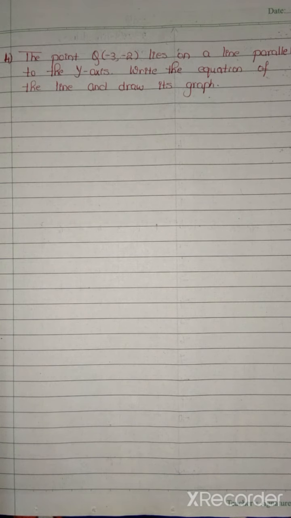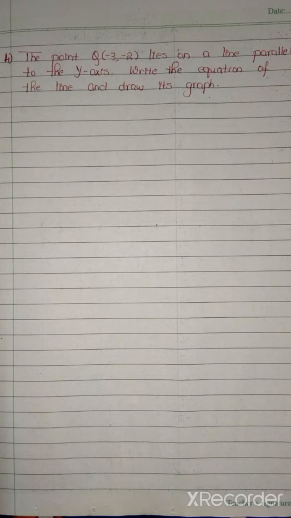So यहाँ पे एक point है Q, that is minus 3 comma minus 2, which lies on the line parallel to the y-axis. वो y-axis जो है उसके लिए जो parallel line है उसके ऊपर ये Q point lies, and we have to write the equation of the line and draw a graph.